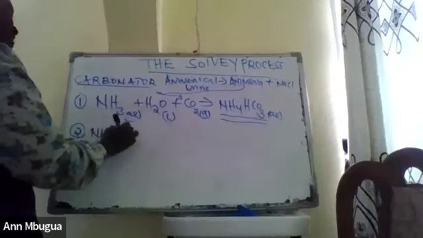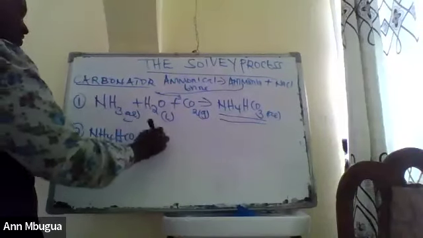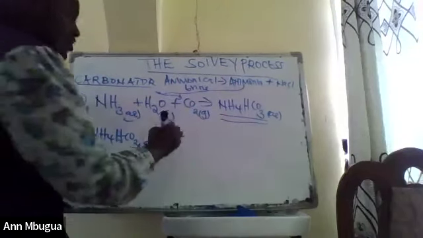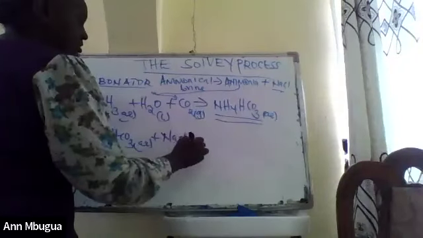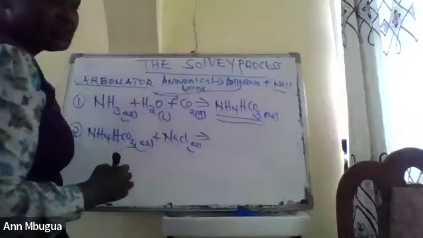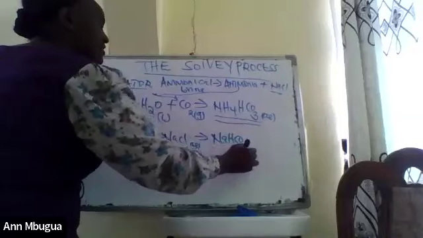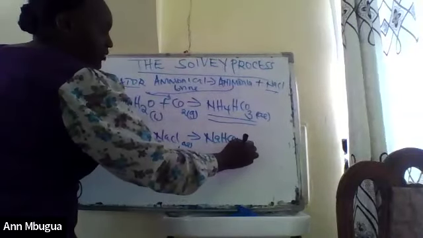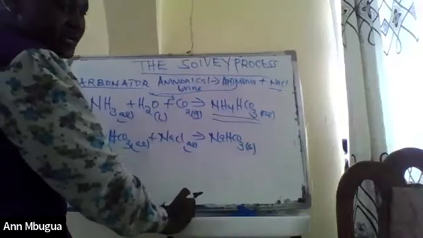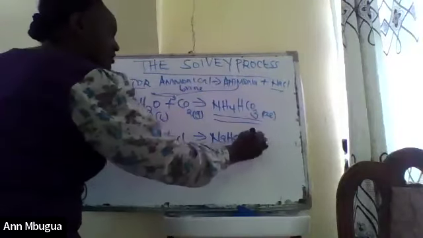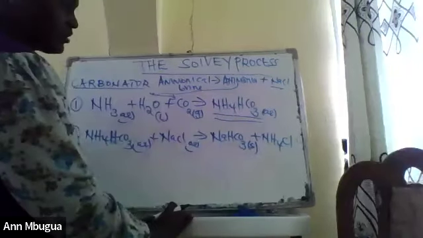That ammonium hydrogen carbonate in a react na the sodium chloride, ndio hii concentrated sodium chloride, na hapa ndipo tunapata sodium hydrogen carbonate, sodium hydrogen carbonate, which we said is sparingly soluble in this reaction medium, so it is recovered through the filtration and ammonium chloride.